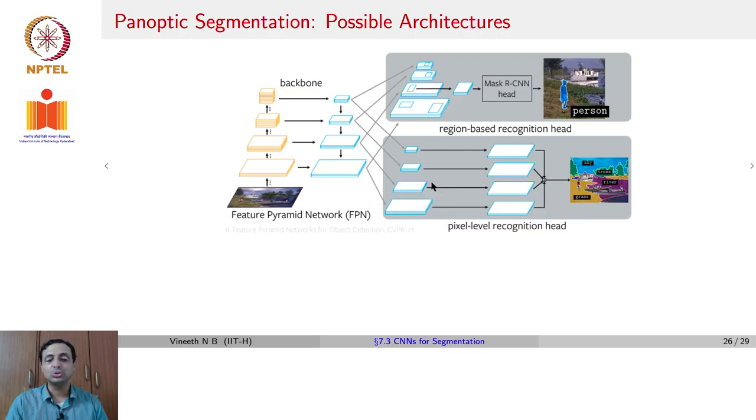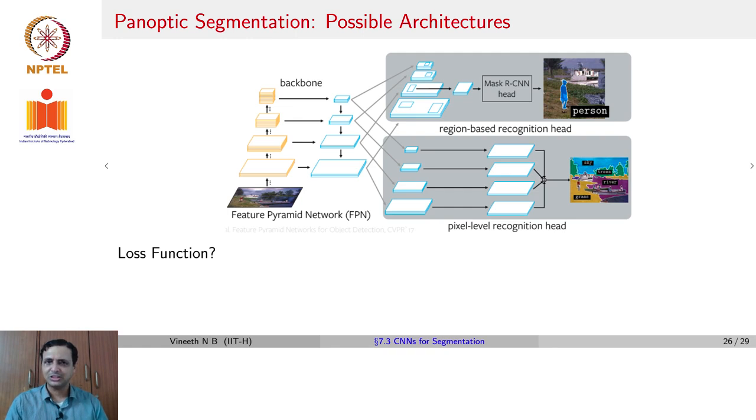And you could also send those different feature maps through a pixel level recognition head for your semantic segmentation. So in both these approaches, there is an instance segmentation pathway and there is a semantic segmentation pathway, which are combined to give your panoptic segmentation.